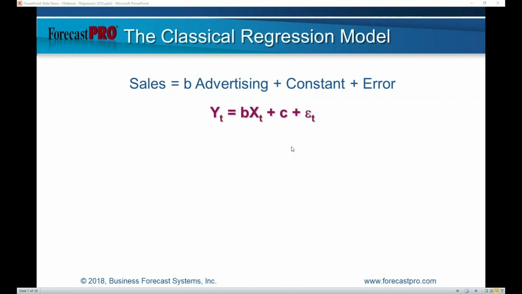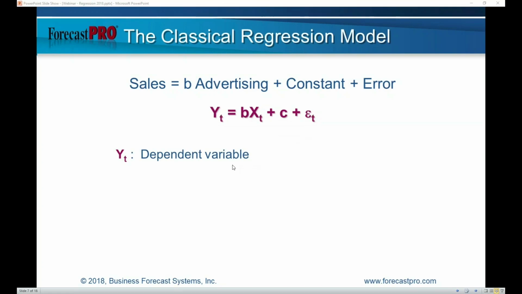Now, in a textbook, this would probably be symbolized as it is in this red version of the equation, where the y is the dependent variable. There's a little subscript t here to say it's a time series. The x would be the explanatory variable, advertising in our example. The regression coefficient b, a constant term, and we use an epsilon for the error.